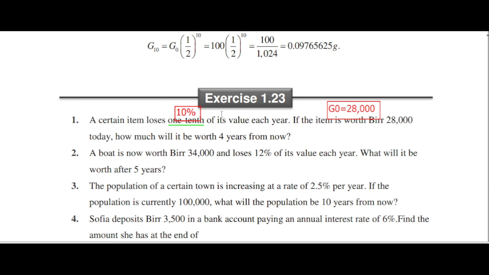A certain item loses 1/10 of its value each year. So to calculate G1, we have rate R equal to 10%, and given G naught is equal to 28,000.